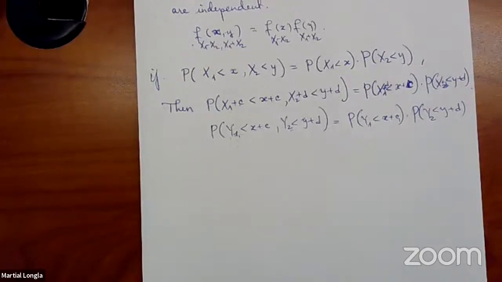So adding or subtracting a term to a random variable does not affect independence.